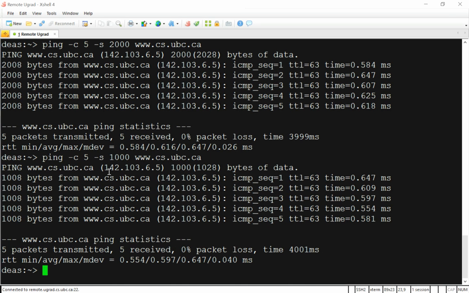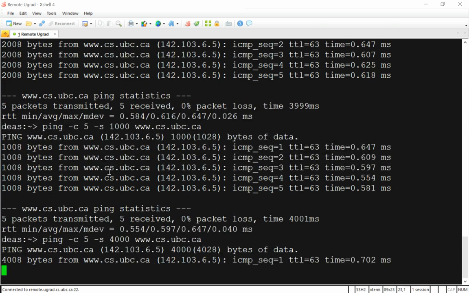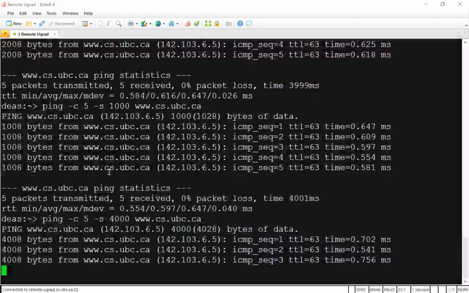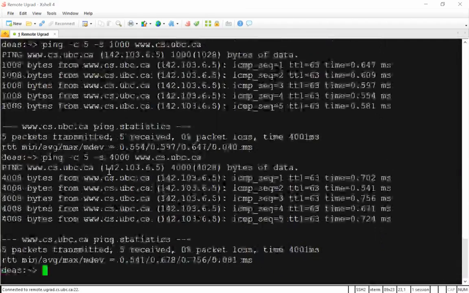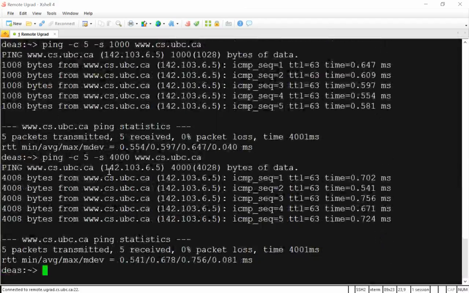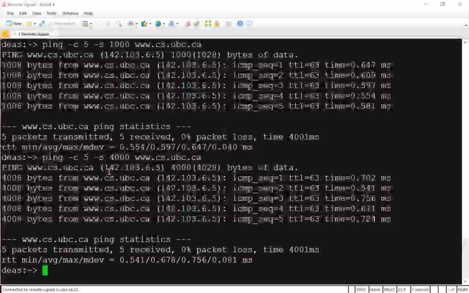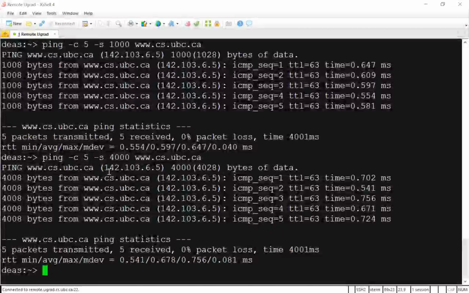So you'll notice here that we send 1,000 bytes. I'm going to try 4,000 to see if CS will do 4,000 for us. So it goes up by a little bit, from 0.597 to 0.678.